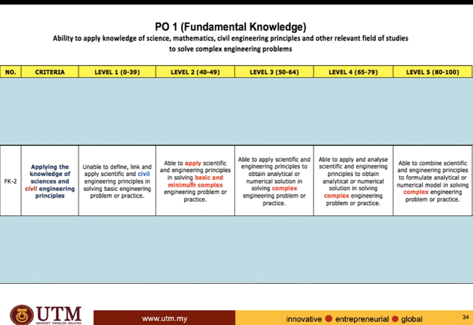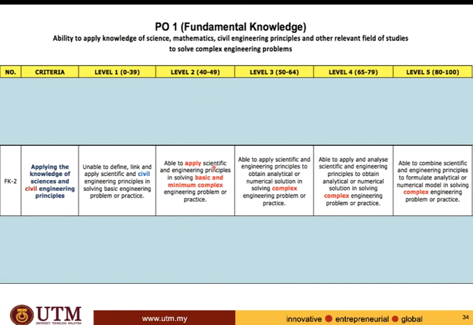So we do expect that the students must be able to reach at least level 2. Meaning that the student must be able to apply scientific engineering principles in solving basic and minimum complex engineering problems of practice. So we expect the students will get marks of a minimum of 40%, meaning 40 to 49%.